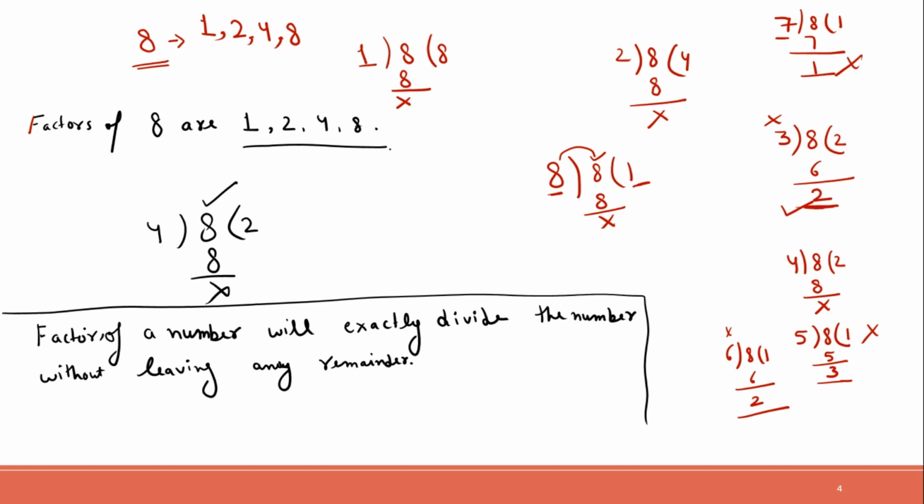Got it? That means factor of a number will exactly divide the number without leaving any remainder.